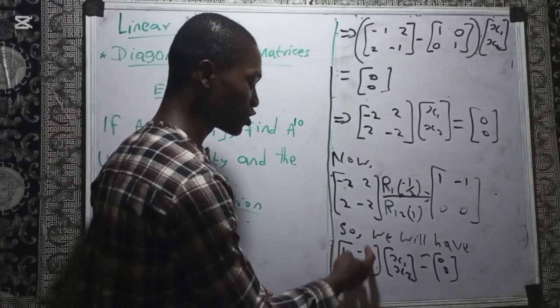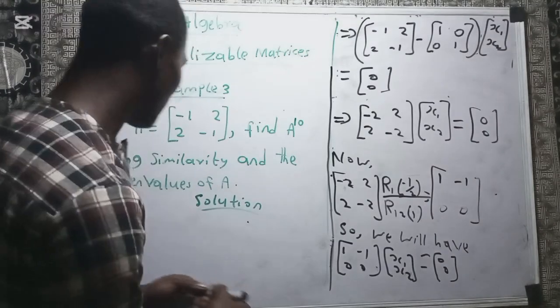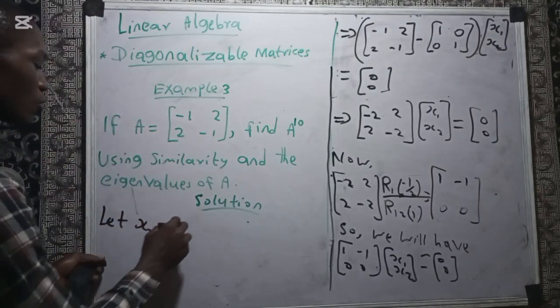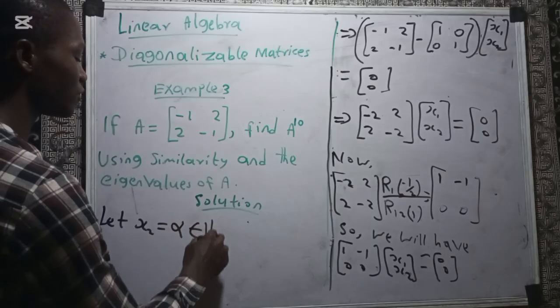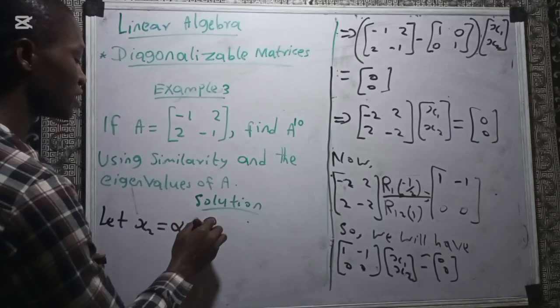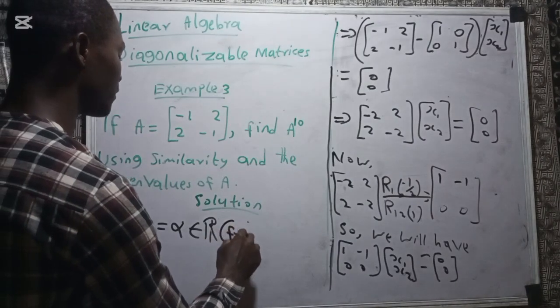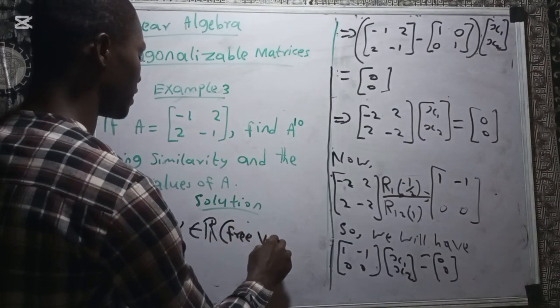And x2 corresponds to column 2, so x2 will be a free variable. So let x2 be equal to alpha, an element of the real numbers because your matrix A has entries of real numbers. This is the free variable.